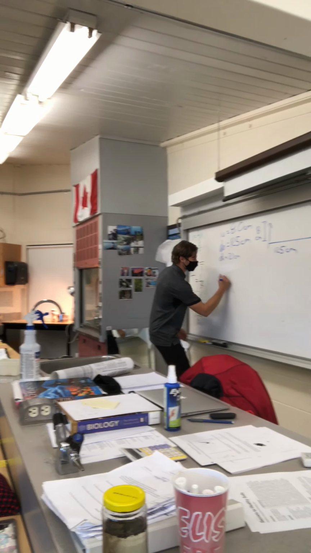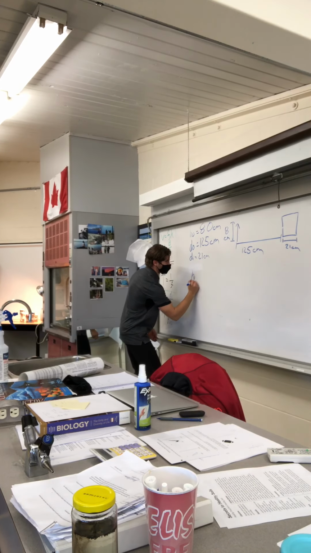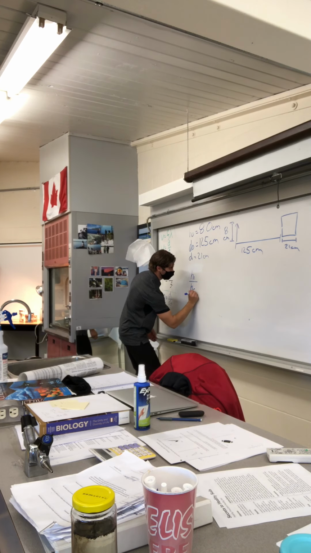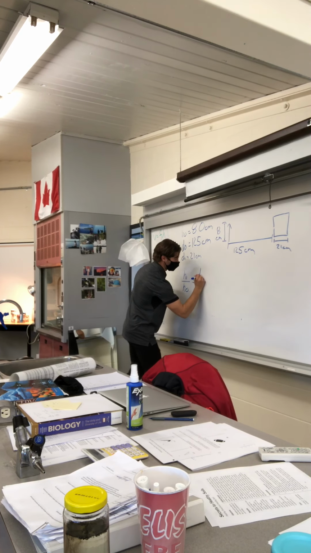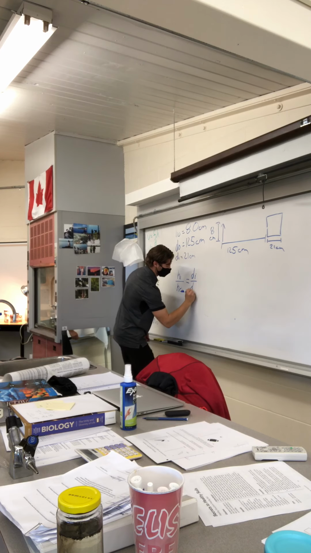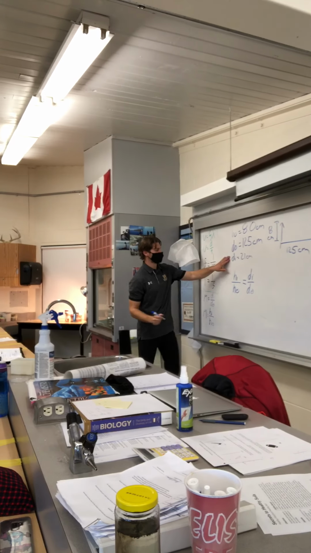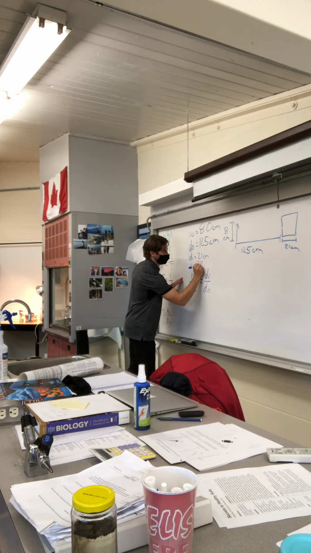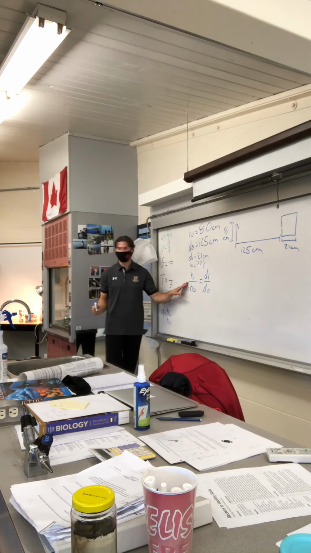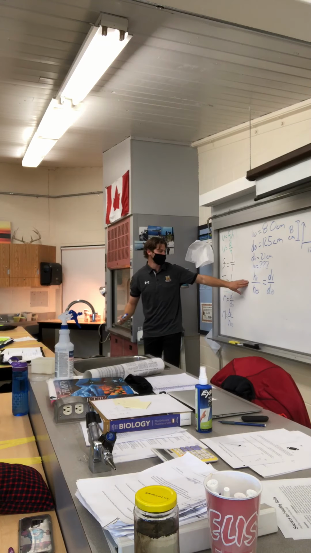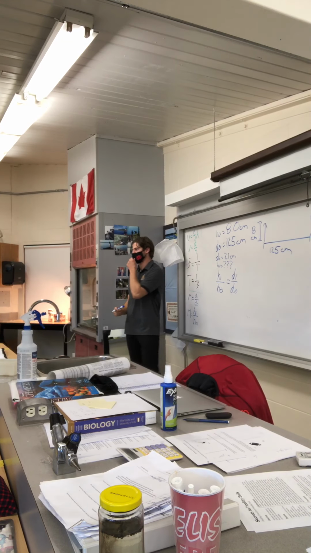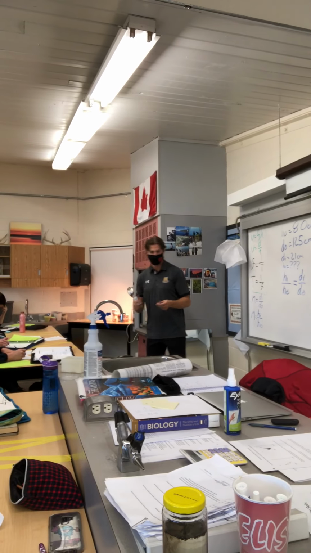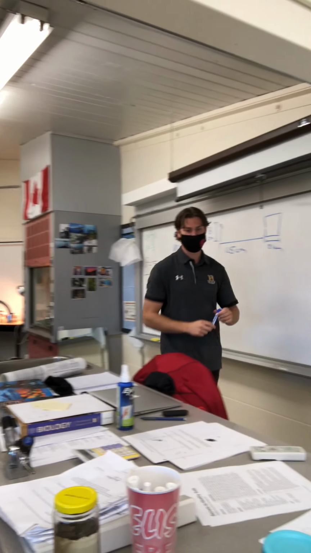So we've got HI over HO equal to DI over DO. We are looking for HI. What do we have to do to this equation to isolate HI, the height of the image? Put it by itself. Times by the height of the object.